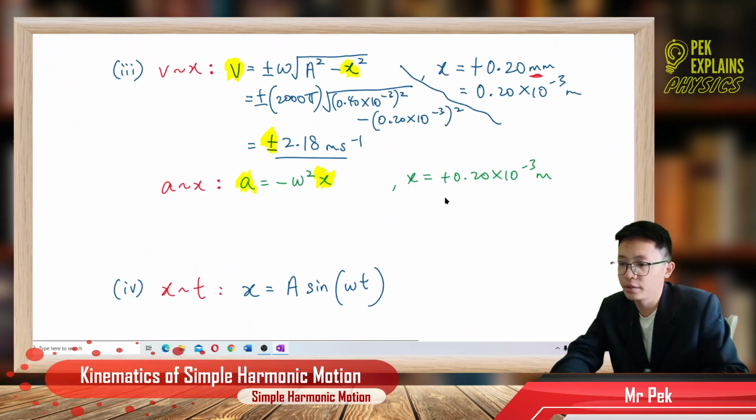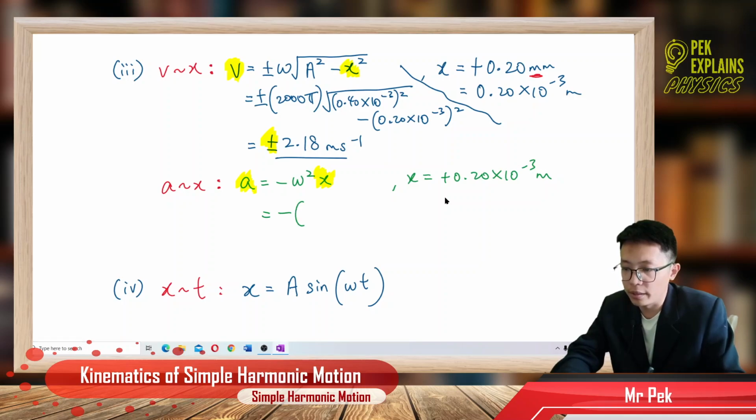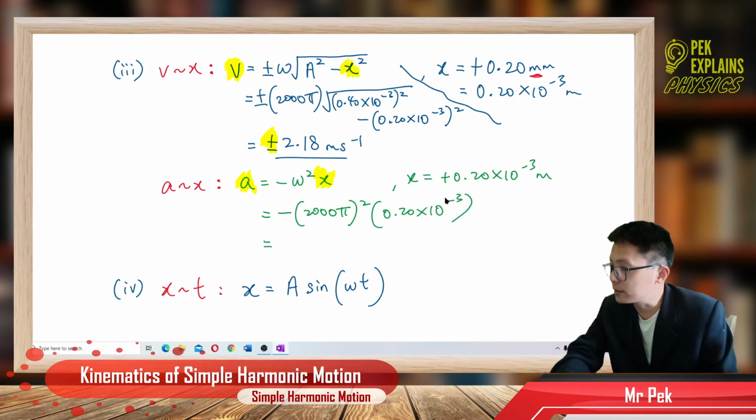So substitute. Negative 2000 pi square, and the x is 0.2. Okay, so what's the answer? The answer is negative 7.90 exponent 3 meter per second square.